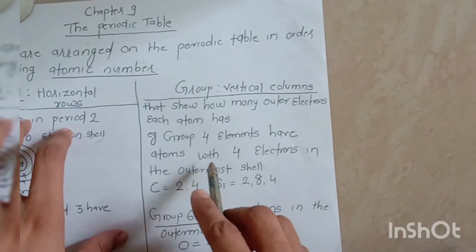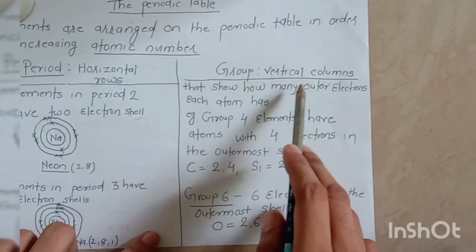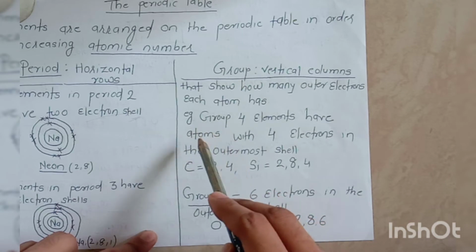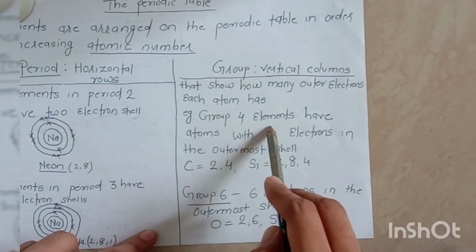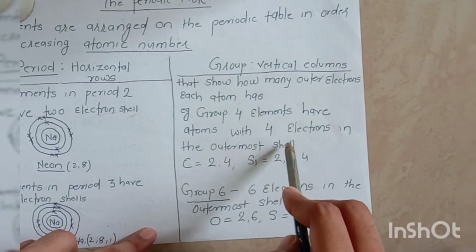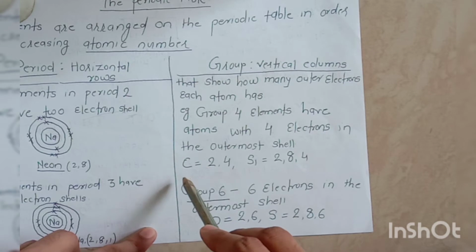Now let us talk about groups. In the case of a group, you can see the outer electrons. Group 4 elements have atoms with 4 electrons in the outermost shell. Let us take group 4 elements, for example carbon.